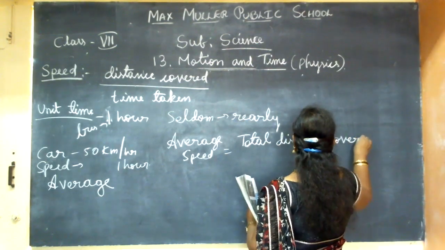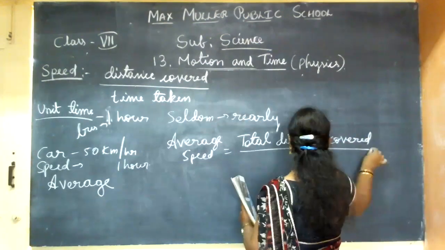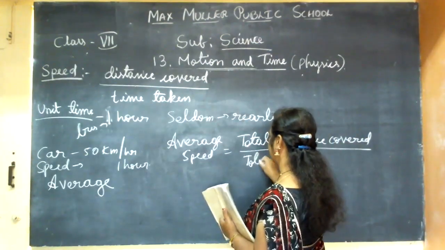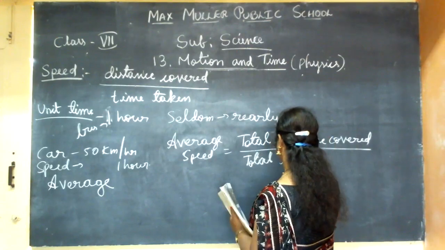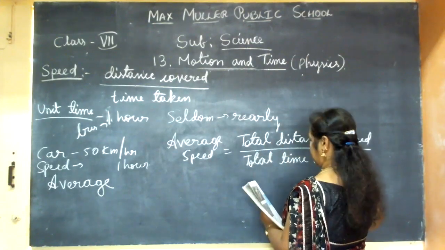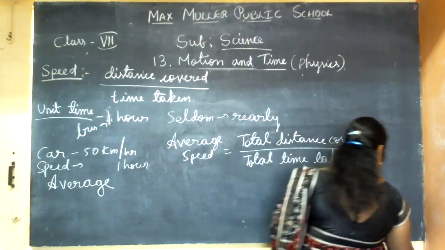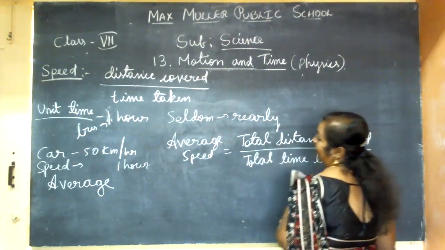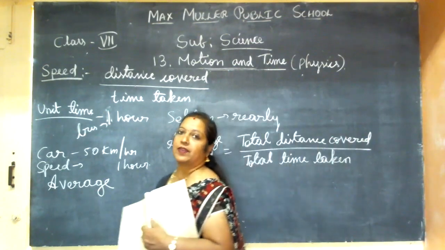covered divided by total time taken. So in this way, we can go for finding the average speed of a particular vehicle.